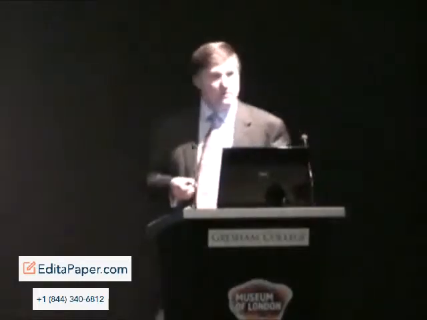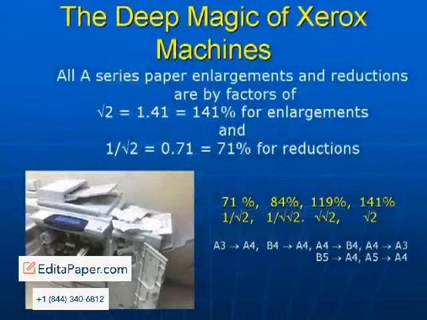So one is the square root of 2, which is approximately 1.41, and if you go down in size, you're reduced by a factor of 1 over the square root of 2, which is about 0.71. So if you look at what would happen if you made one reduction, okay, you get a size of 71%. If you make 2, you get 1 over the square root of 2, which gets you to 84%.